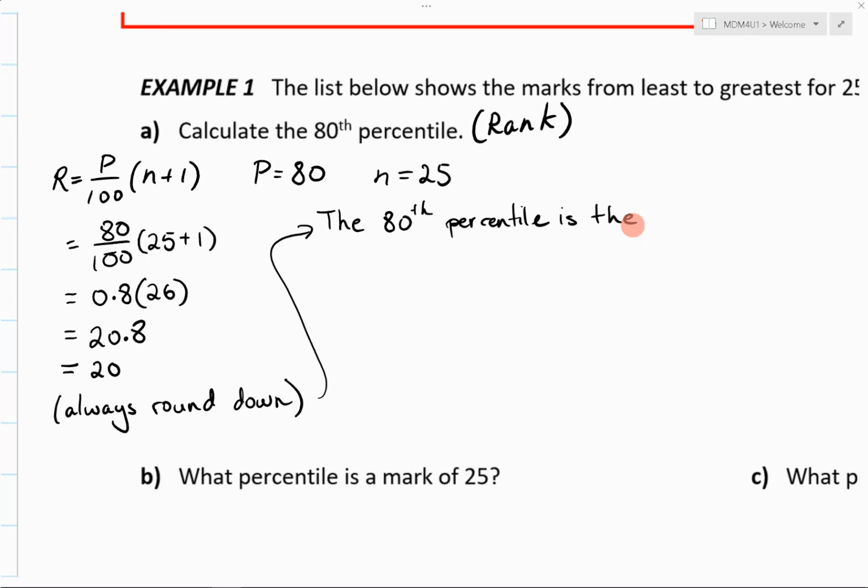So the best way to estimate this is to take the midpoint, or the average, between the 20th and the 21st data point.